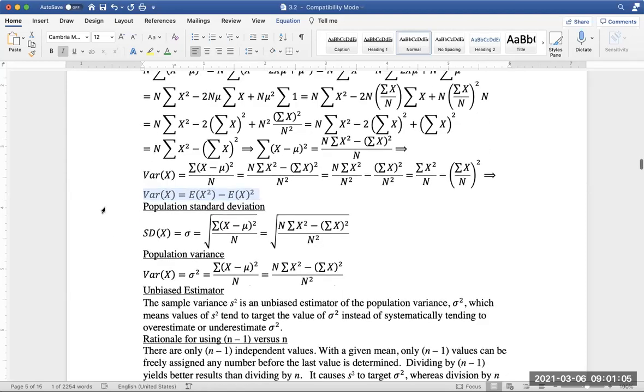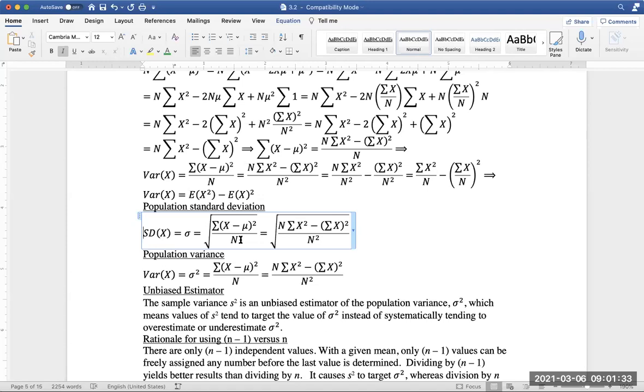So the population standard deviation. I'll denote the population standard deviation as SD of capital X, to denote the fact that it's a population, and it is equal to the Greek letter sigma. So I will denote the population standard deviation also by this Greek letter, lowercase sigma.